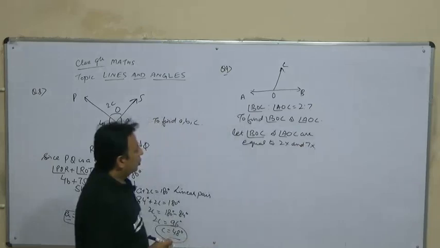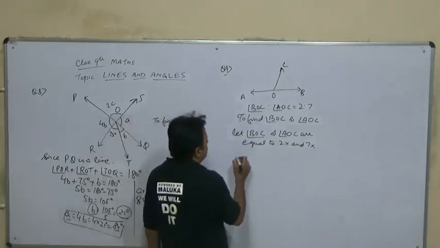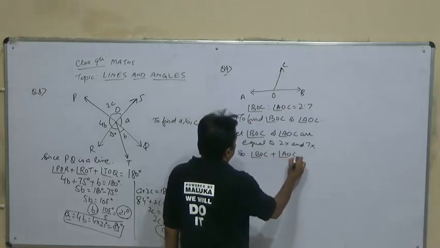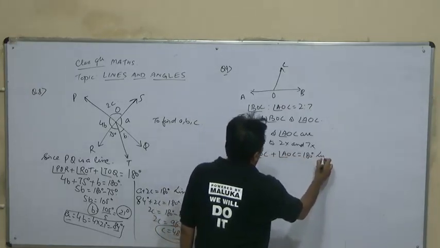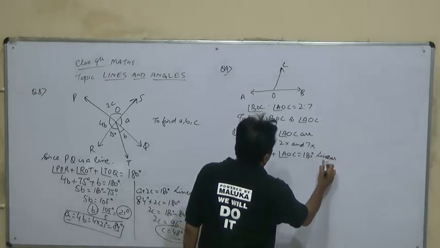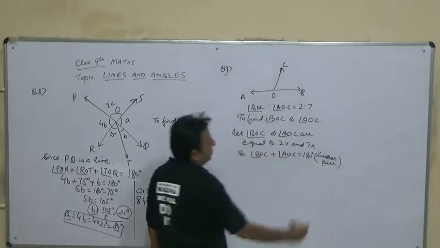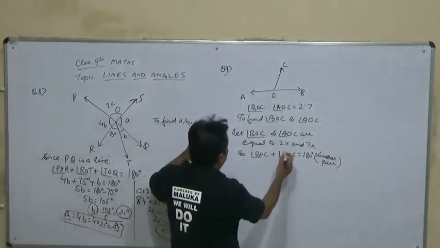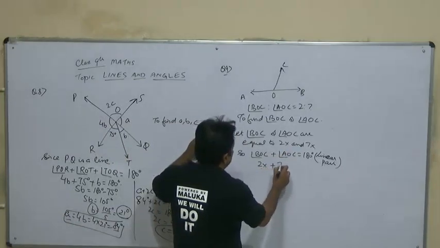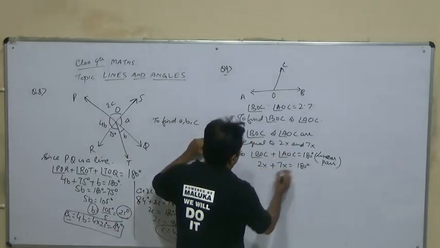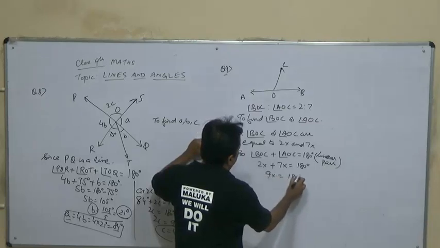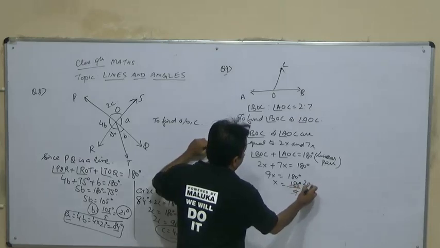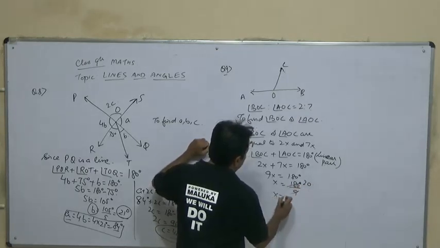Now they form a linear pair, so angle BOC plus angle AOC is equal to 180 degrees. When they form a linear pair, the sum of the angles is 180 degrees. So 2x plus 7x is equal to 180 degrees. So 9x is equal to 180 degrees, x is equal to 180 by 9, which is 20 degrees.